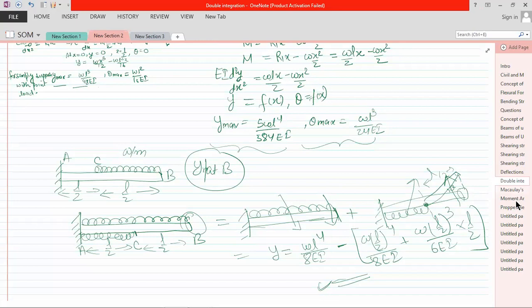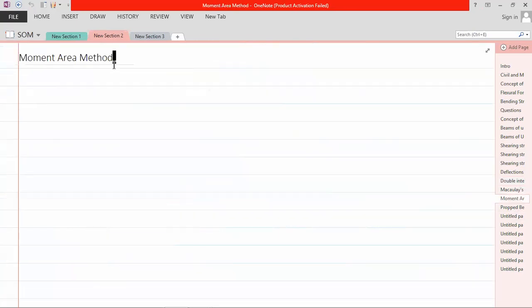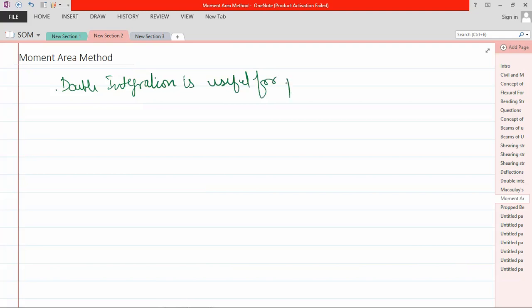Now I'm going with the moment area method. Double integration is not very useful for a single load, or you can say it is not very useful, because you need to operate every time at any load.